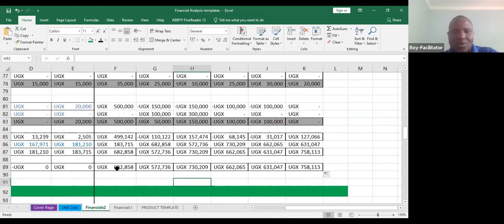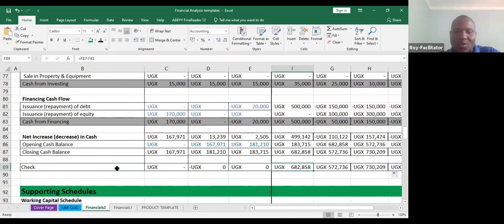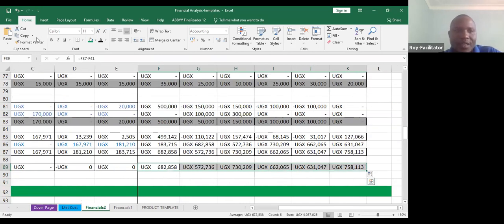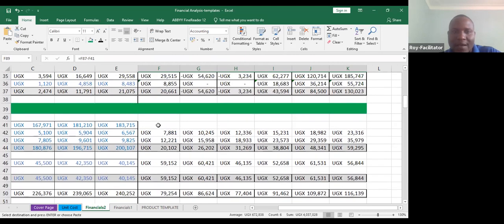Okay, so what I have here is now what I capture and put on the cash in balance sheet. So I'll just pick this and copy, and then go to the balance sheet, which is here, and I will paste it.